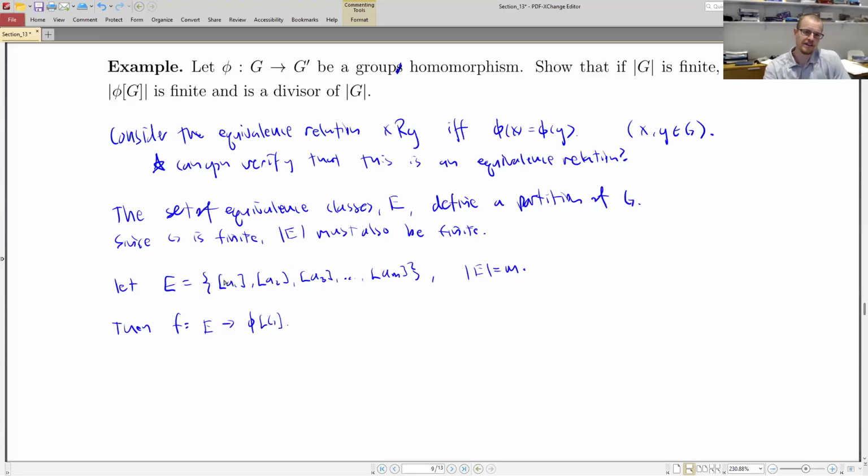So what we're doing is we have this set of m elements, and we are going to map them into phi of G. So we're technically mapping them into G prime, really. But what I'm trying to do is point out the fact that these two things must be the same.